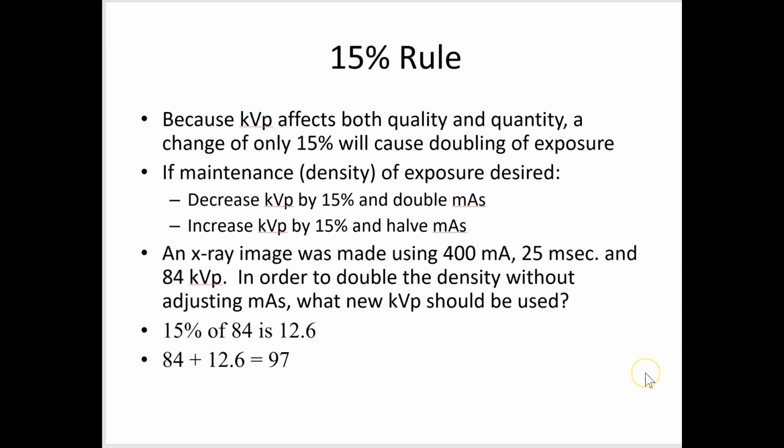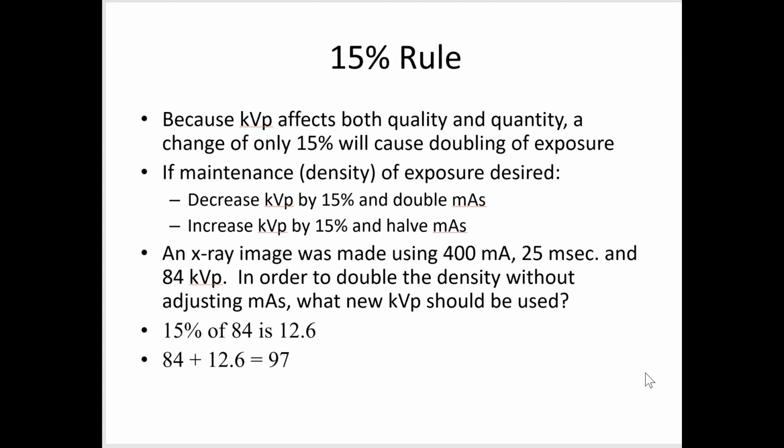And since we're talking about KVP, we should talk about the 15% rule. Now, this applies mostly to film screen. It was predictable. If you wanted to double the density on a film screen image, you could increase your KVP by 15%.